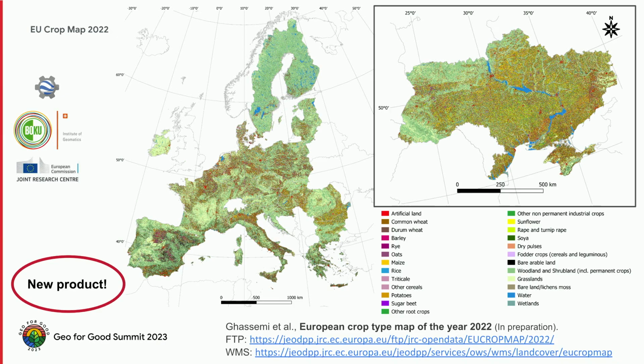This map was done in collaboration between BOKU, my university, and the Joint Research Center from the European Commission. This is the update of the EU crop map of 2018. But in this case, we are not going to provide only the 27 European countries. We are also going to provide the new map from Ukraine.